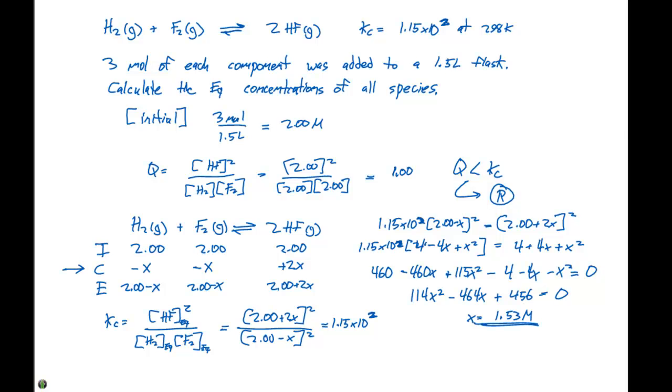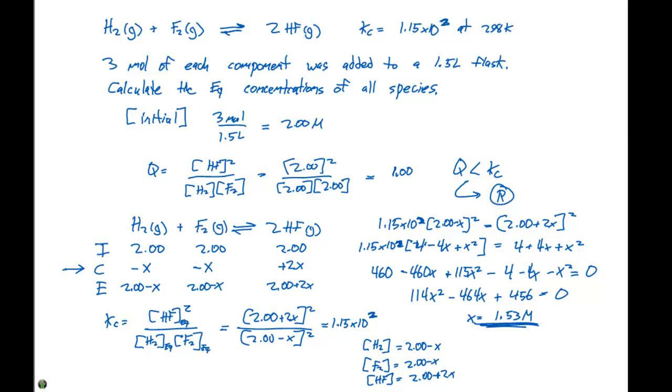We're asked to determine the equilibrium concentration of each species. So the concentration of H2 at equilibrium is going to be 2.00 minus x. The concentration of F2 at equilibrium is also going to be 2.00 minus x. And the concentration of HF at equilibrium is going to be 2.00 plus 2x. We have solved for x right here.